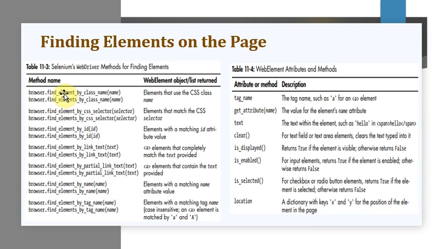Whereas elements, this method returns a list of web element objects for every matching element in the page. So that is the difference between element and elements. Element is going to give you a single web element, whereas elements, it's going to return a list of web element objects for every matching element on the page.